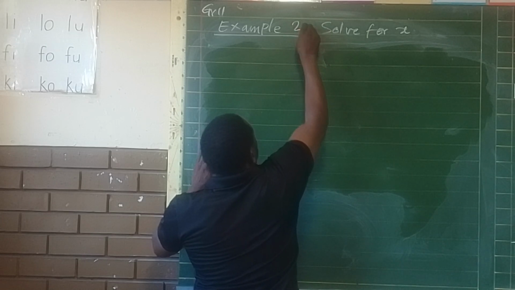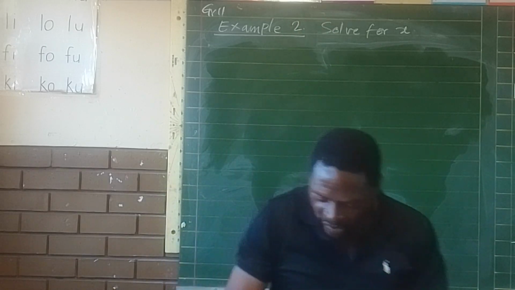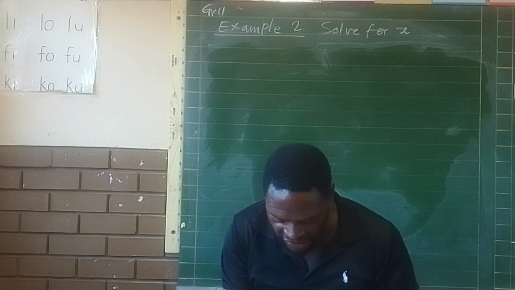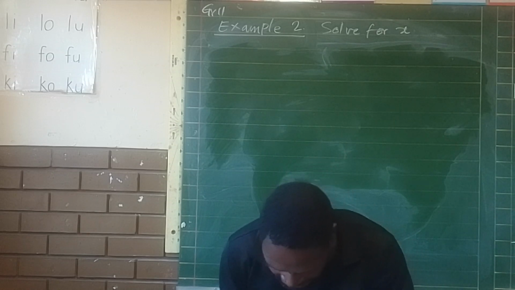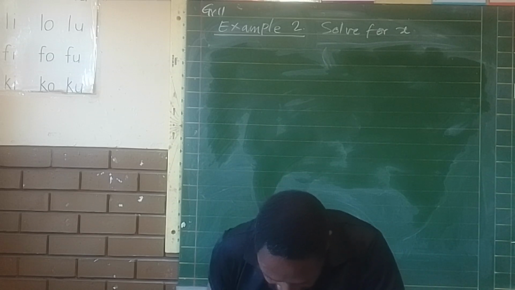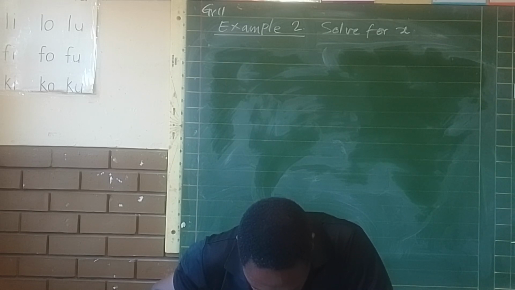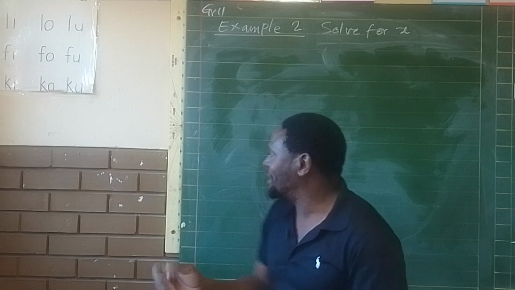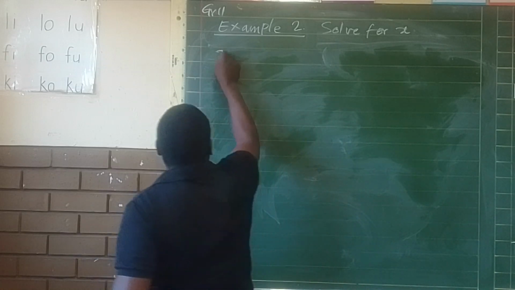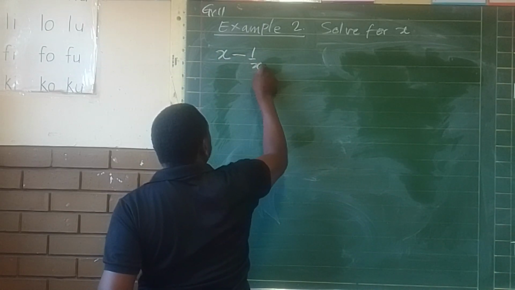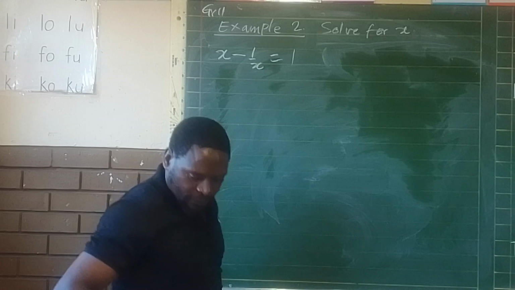Example 2. As we go, we're taking the more complicated ones so that we can see what is happening. I will take x minus 1 over x is equals to 1.